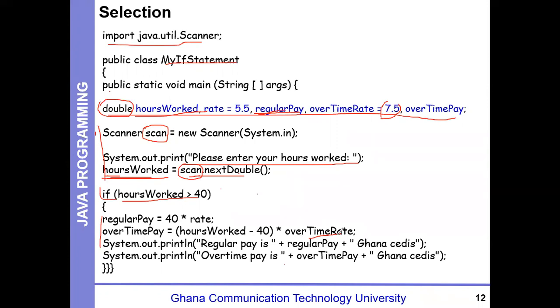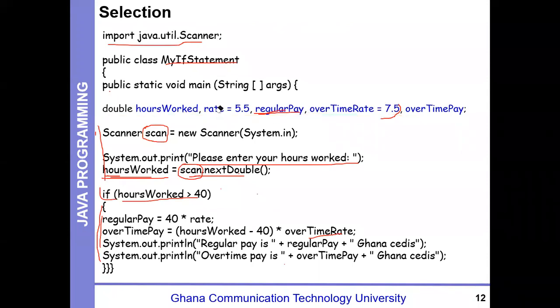Okay, 50 minus 40 is 10. So 10 multiplied by 7.5 is your overtime pay. Now if you did 30, 30 is not greater than 40, so we are not going to run this. With the if statement, unless this is true, this will not run. If it is not true, the whole thing doesn't run at all.